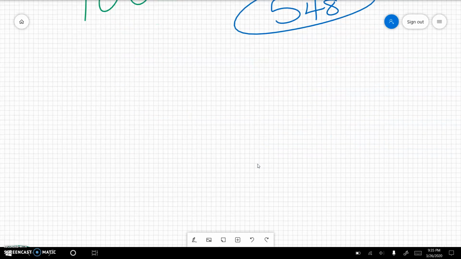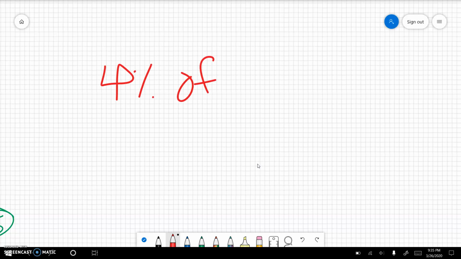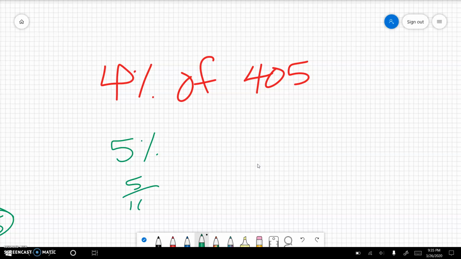One final example from this page that I want to go over. It says 4% of 405. Okay, now if I look on page 366, the smallest it goes is 10%, but 4% is still kind of far away from 10%, and there's a pretty easy number that I could work with, and that would be 5%. Now I know how to make any percent into a fraction because we've already learned that. We put 5 over 100.